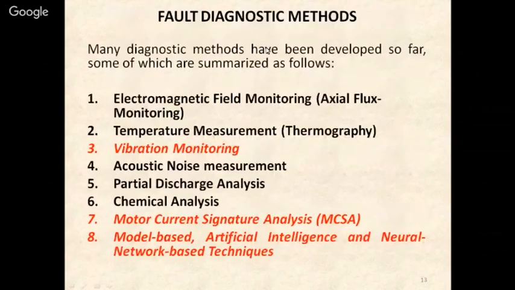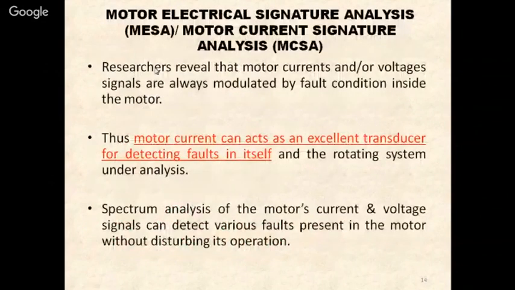Now we come to motor current signature analysis. Basically, it is a technique which is widely used for diagnosis of induction motor faults. Researchers have revealed that motor currents and voltages are always modulated by the fault condition inside the motor. That means whenever a motor is running, a motor is basically designed in a symmetric way, but if it has some fault, then asymmetry may occur in the motor.